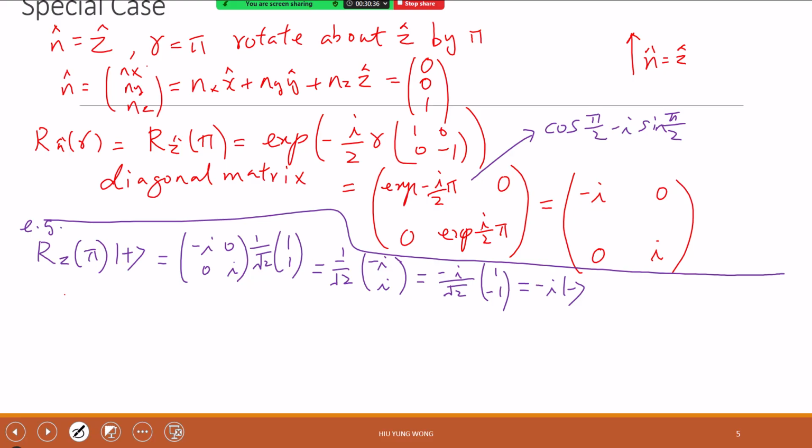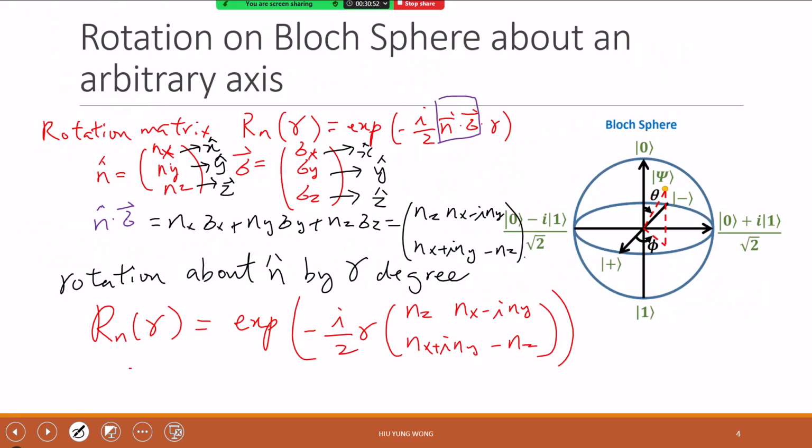It is okay, right? Because this is the same as minus by a global phase of negative i, right? So we already said that in order to map this to Bloch sphere, we actually sacrifice the global phase, which is not important physically. So when you rotate from plus to minus, it actually does not give you minus.